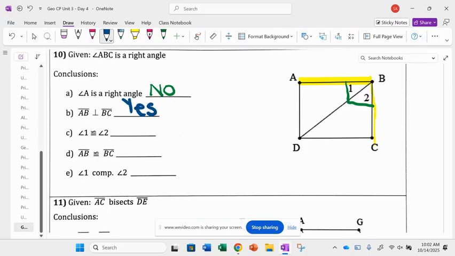Would we be able to say that angle 1 and angle 2 are congruent? No, they add to 90, doesn't mean they have to be congruent. Would we be able to say that segment AB and segment BC are congruent? No, they didn't say anything about the segments. Would we be allowed to say that angle 1 is a complement to angle 2? Yes, because complementary angles add up to 90. Very, very good, Jonah.